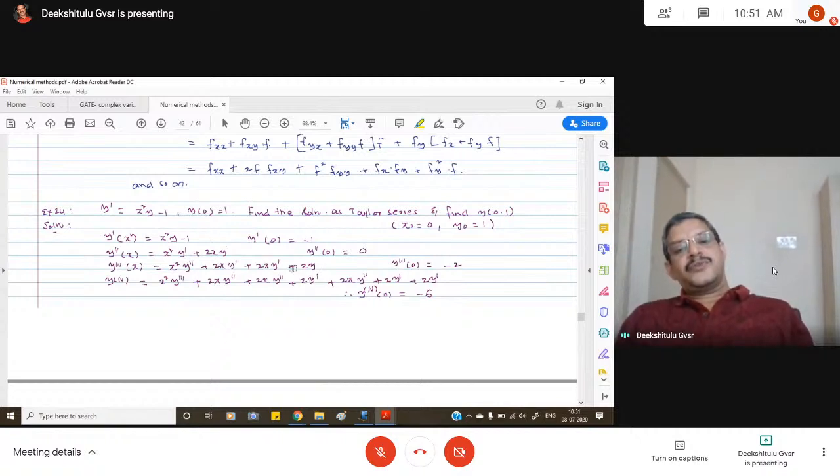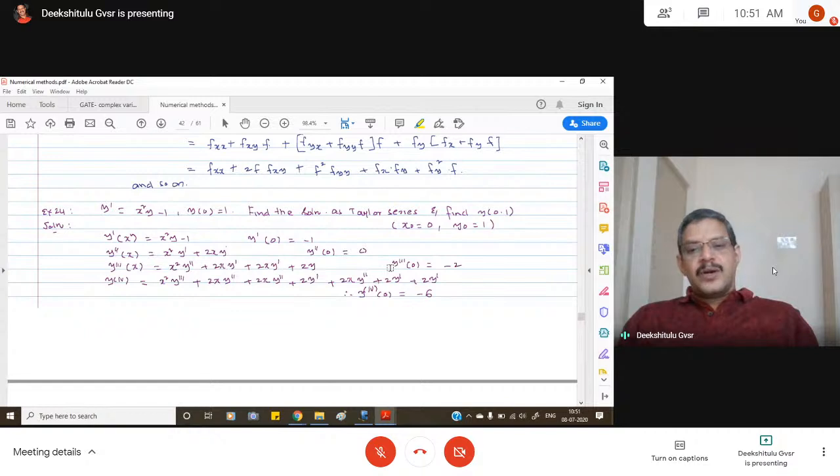Y into the derivative of x is 2y. So the fourth derivative: x square into the derivative of y double dash, y triple dash, plus 2x into y double dash. This is over. Coming to this, 2x into y double dash plus y dash into the derivative of 2x, that is 2.